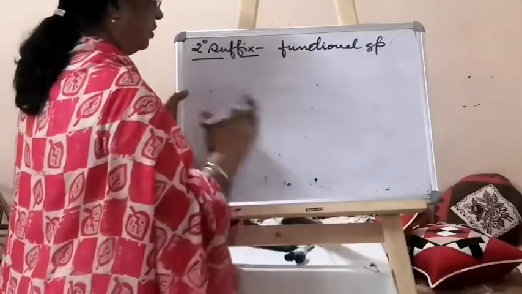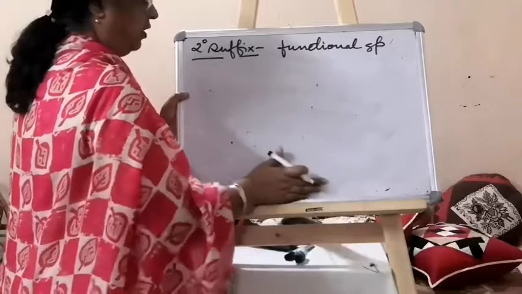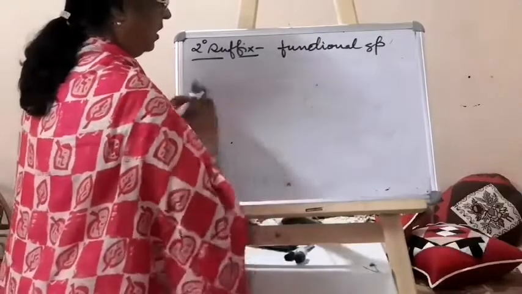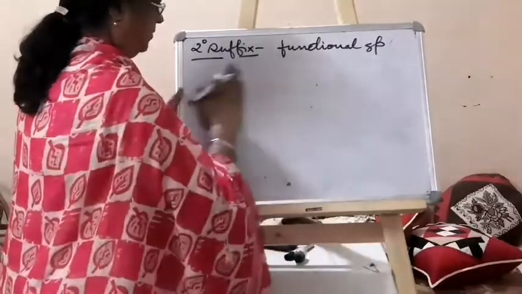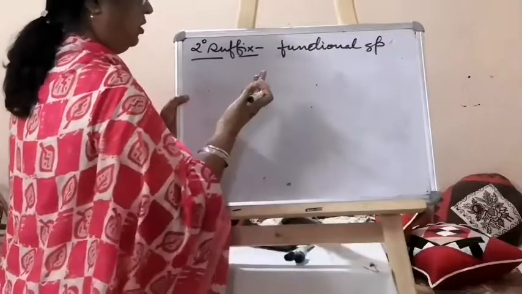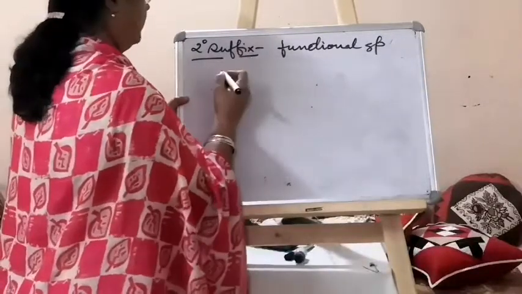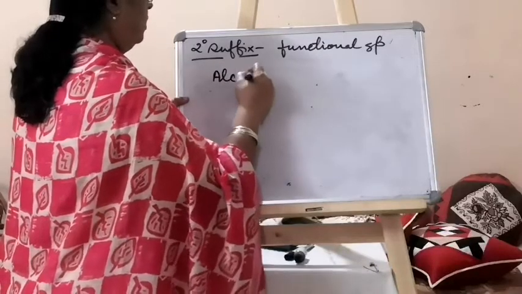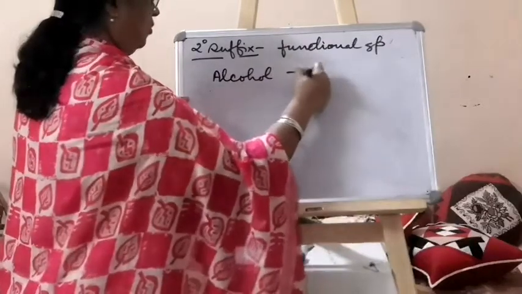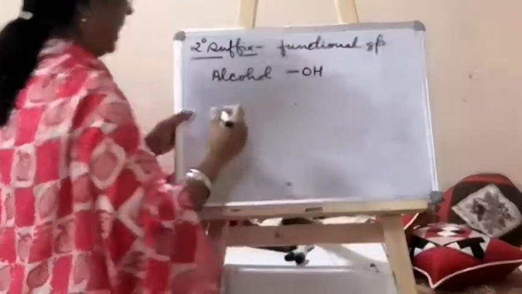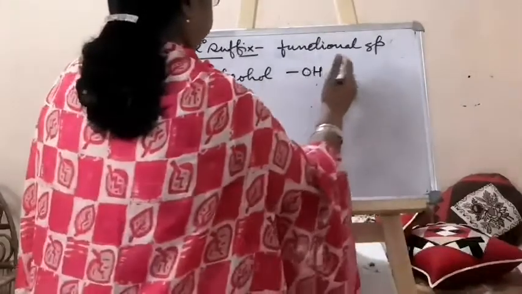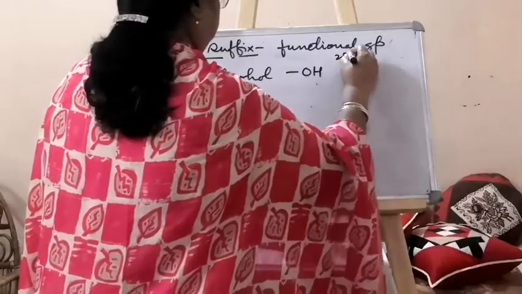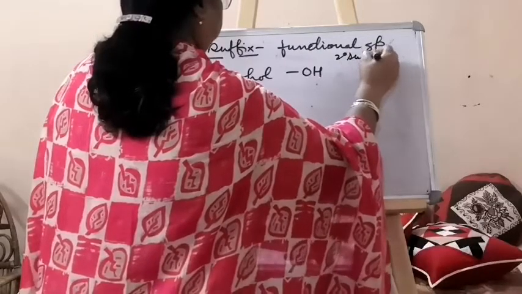So different functional groups are there, and for these functional groups there are secondary suffixes that you know very well, and this you will have to learn from your book. So as for example, you know alcohol, which has the symbol OH, and this has the secondary suffix ol.